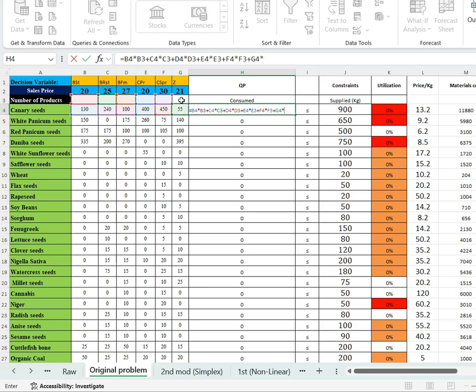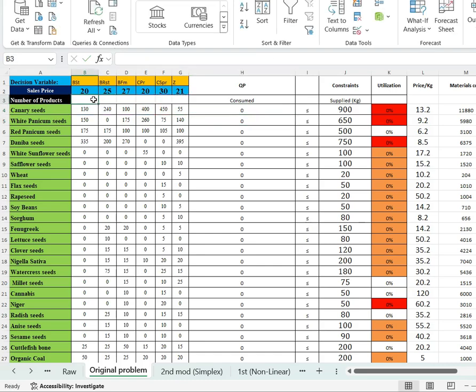Okay, and I will tell you about an easier process to do that, but I just wanted to explain it in very simple terms. So 130 multiplied by the number of packages I would produce of the first product plus 240 multiplied by the number of packages produced of the second product and so on. This will give me the total amount of raw material used to produce these products.